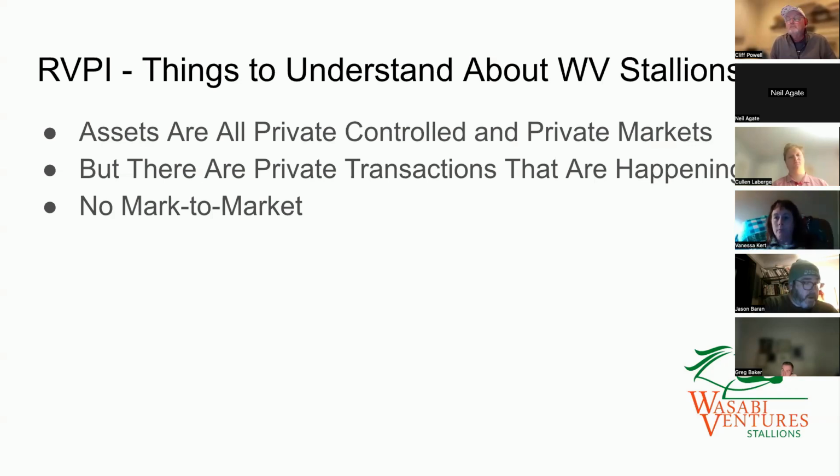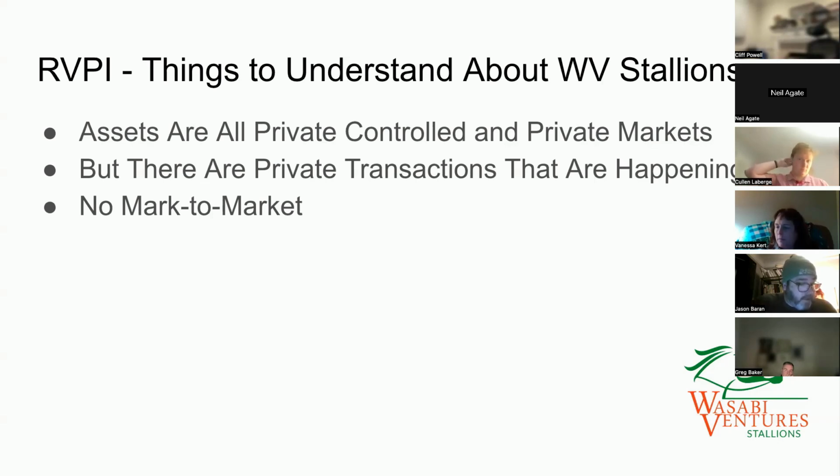So we leave an asset valued at exactly what we paid for it coming in, unless there has been a liquidity event. Okay, so if we sold it, then whatever comes out of that might change the number. Another key reason we do that is to protect our investors.